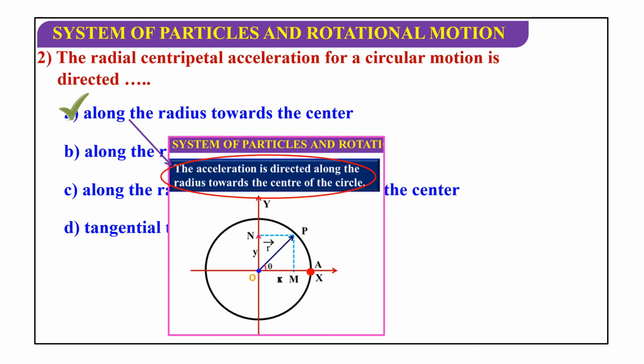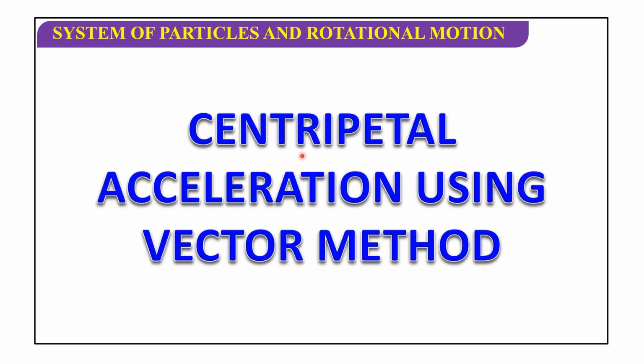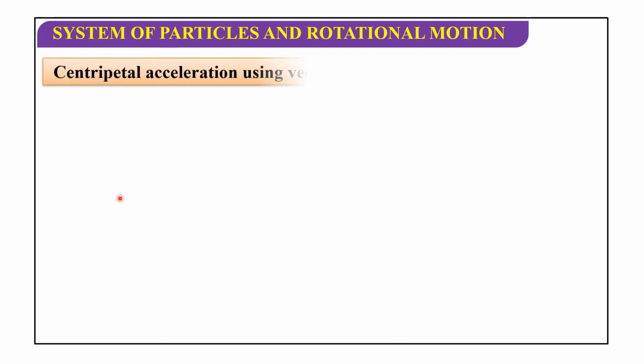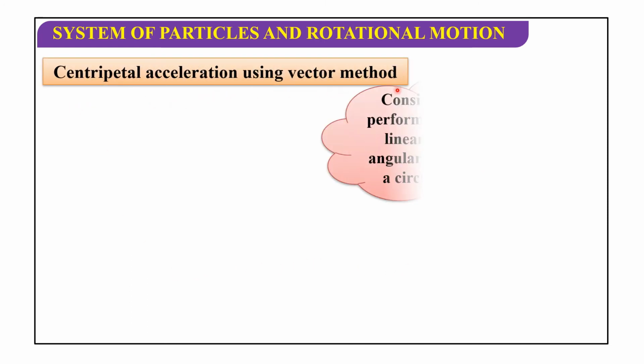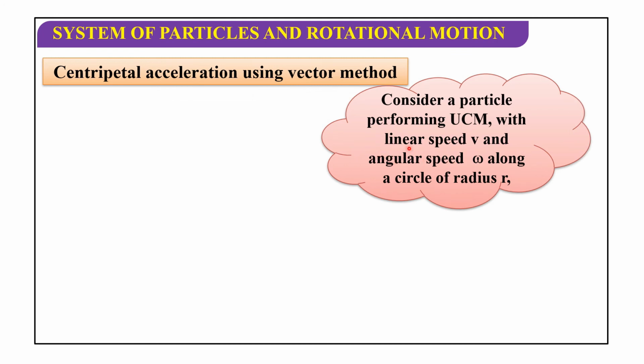Okay. Next, centripetal acceleration using vector method. Let us discuss centripetal acceleration using vector method. Now consider a particle performing uniform circular motion with a linear speed v and angular speed omega along a circle of radius r. See, this is the particle.